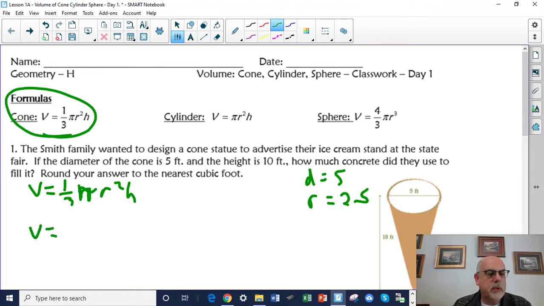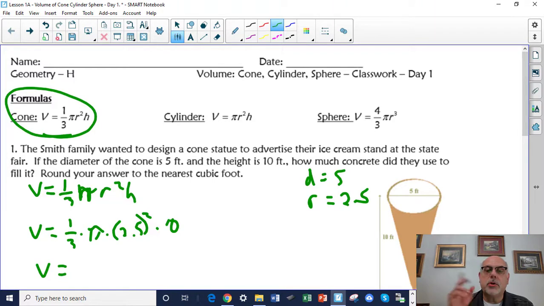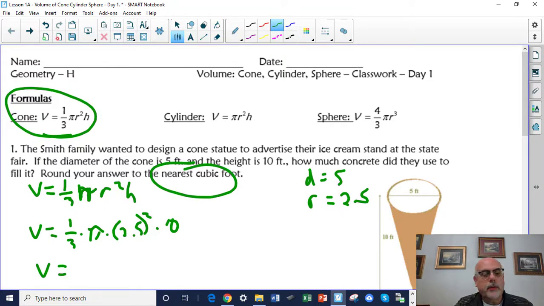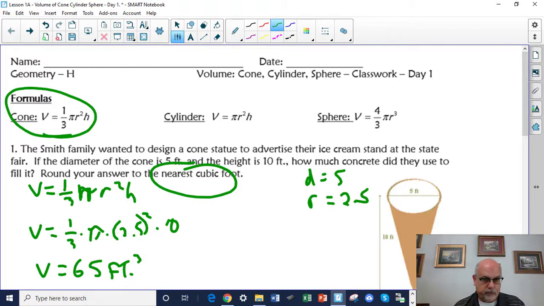So the volume is 1/3 times pi times 2.5 squared times 10. Now you have a calculator problem, and you just put it in the calculator. Make sure you use the pi button, okay? And it says to the nearest cubic foot, so the volume is 65 feet cubed, or cubic feet, okay?